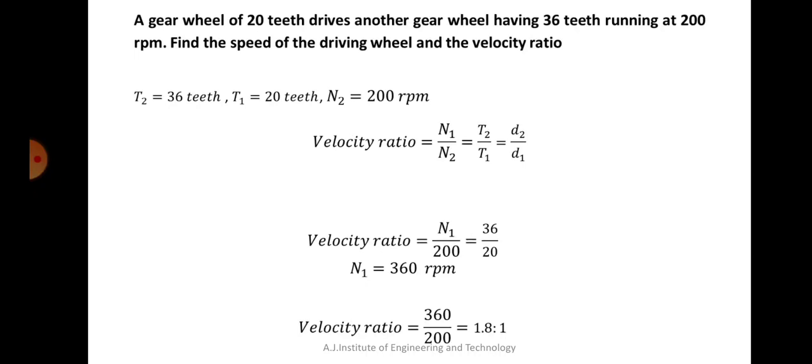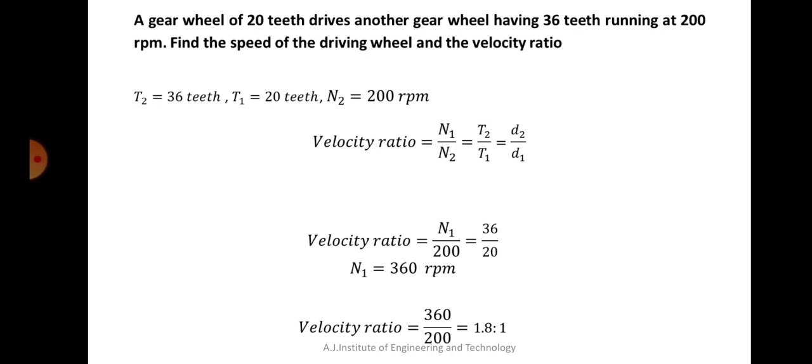A gear wheel of 20 teeth drives another gear wheel having 36 teeth running at 200 RPM. Find the speed of the driving wheel and the velocity ratio. So they have asked you to find the speed of the driving wheel and also the velocity ratio.